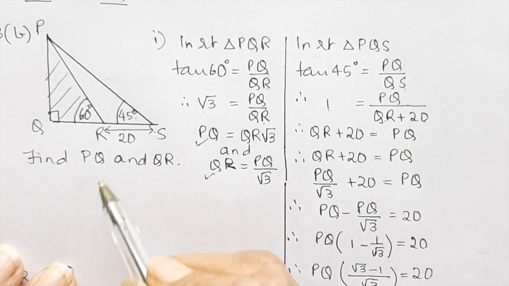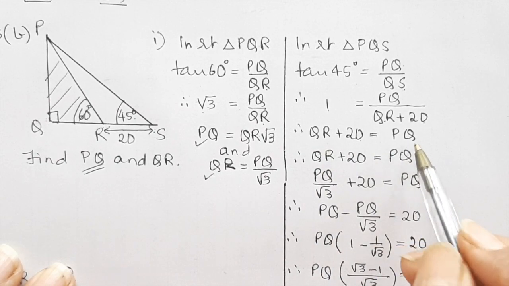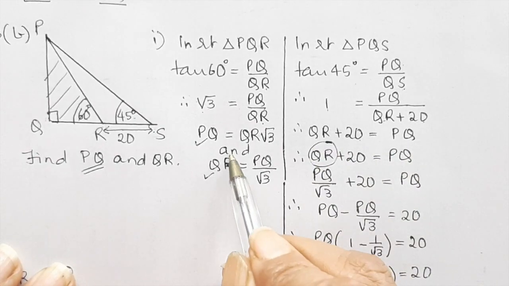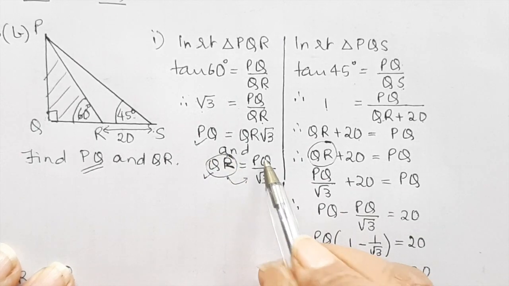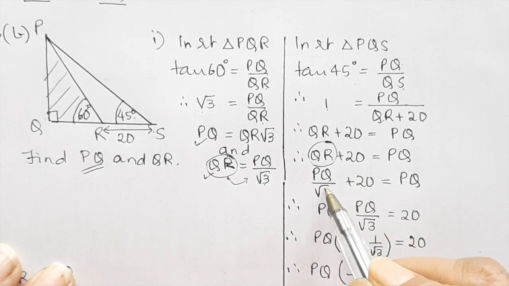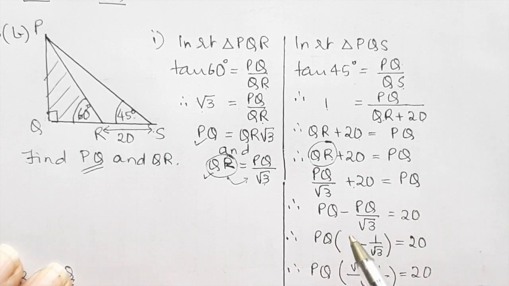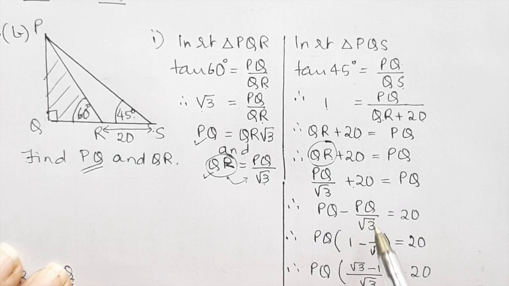To find PQ, in our equation I should have PQ, I should not have QR. So I will use QR equal to PQ upon root 3. In place of this, I'll write PQ upon root 3 plus 20 equal to PQ. And so I'll have PQ minus PQ upon root 3.